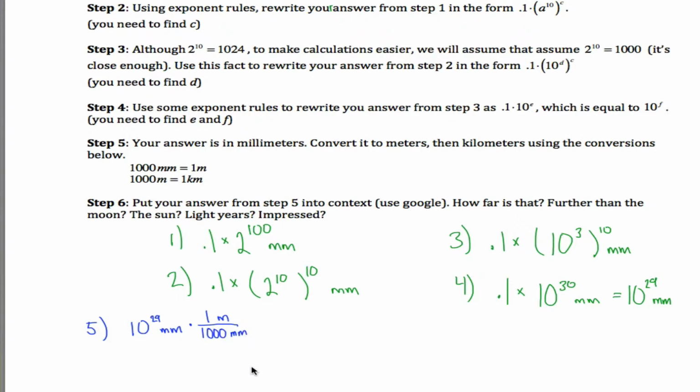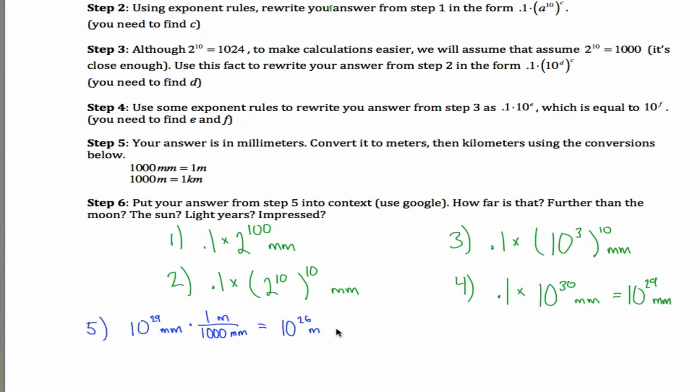The way a lot of people remember this is you can cancel out these units in a sense. This one's up top, this one's down on the bottom. So what's 10 to the 29th divided by 1,000? Well, it's 10 to the 26th. So our answer is 10 to the 26th meters. Still doesn't really have a whole lot of meaning.